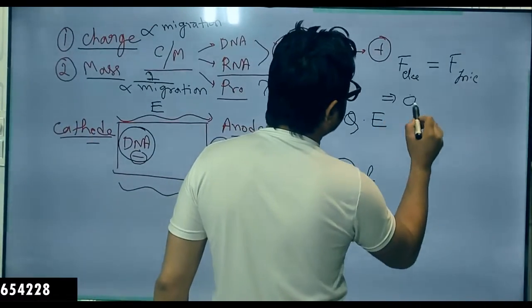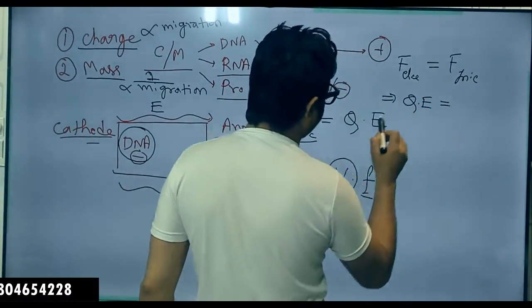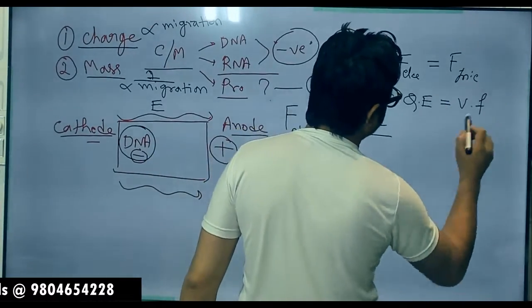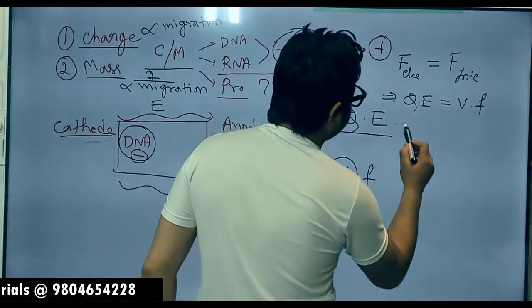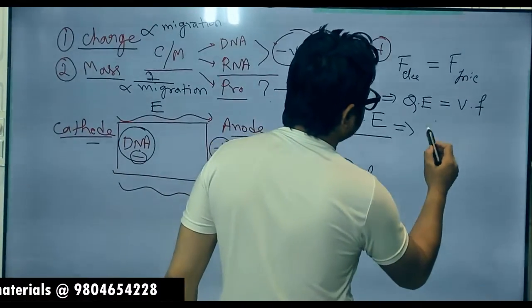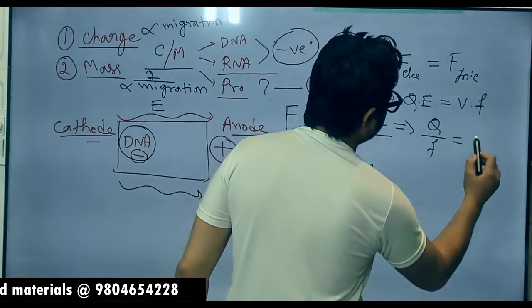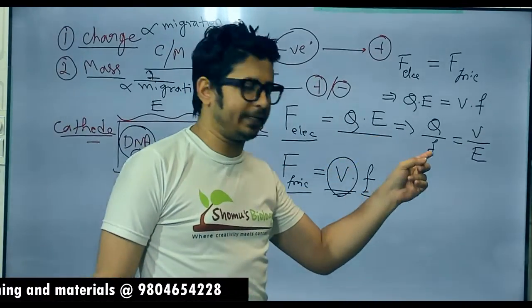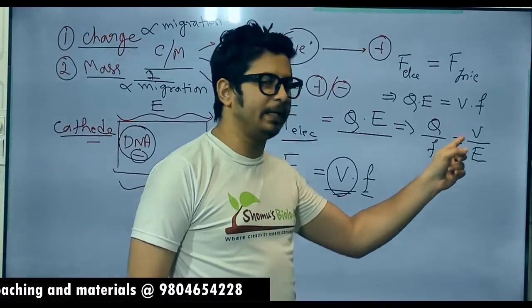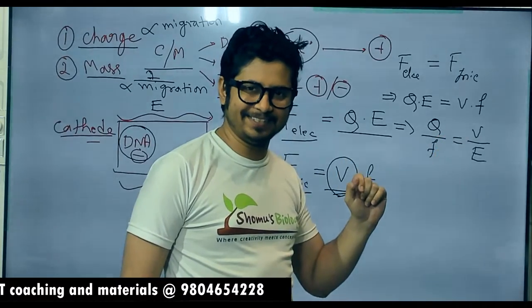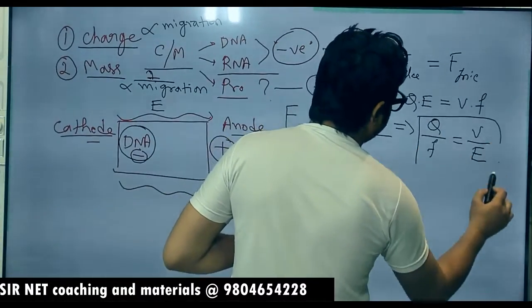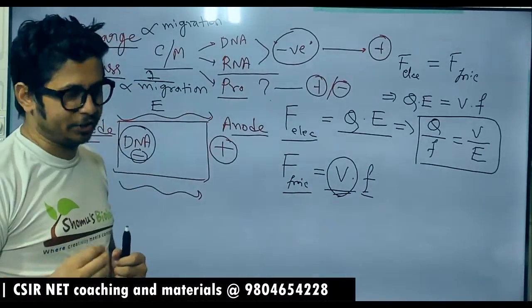So you can simply write it as QE, which is F electric's value, equals the frictional value, that is VF. Alright, so now we can rearrange it: Q by F equals V by E. So this is something we are getting. Q by F equals V by E. Got it? So now this is how we can derive the relationship of charge to mass ratio.